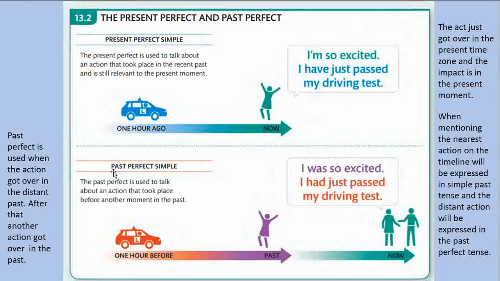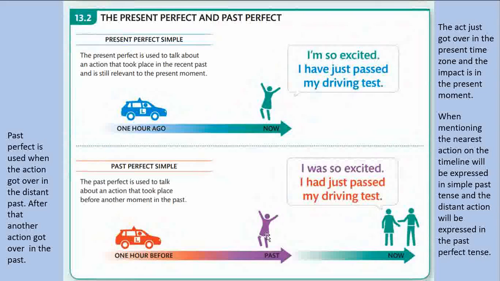Now we are considering past perfect tense, and let us see when is that past perfect tense used. The past perfect is used to talk about an action that took place before another moment in the past. That means in the past, two actions have taken place. Now, in the past, we see that when we go back on the timeline, we see the first action.